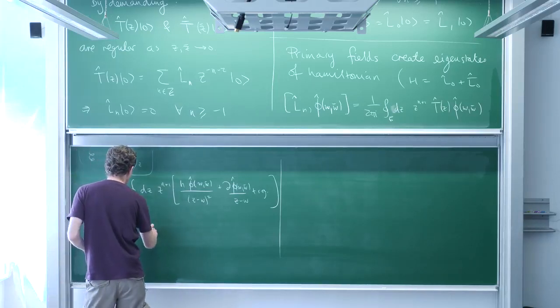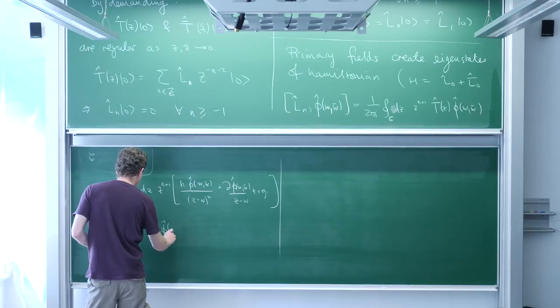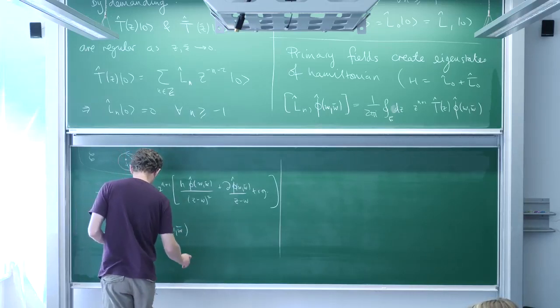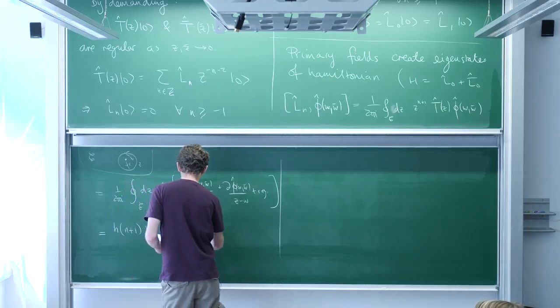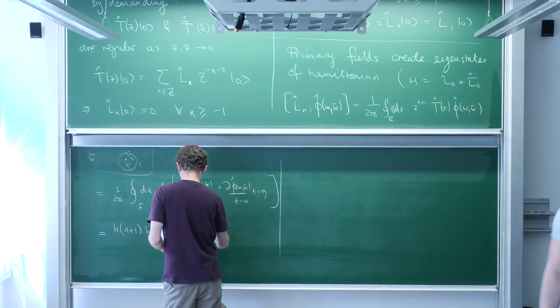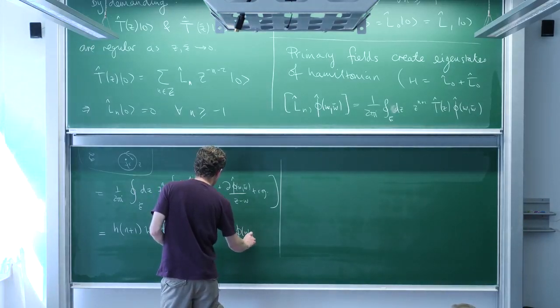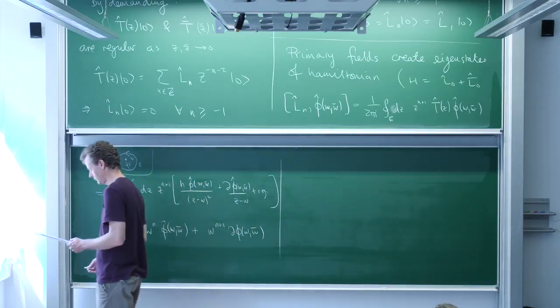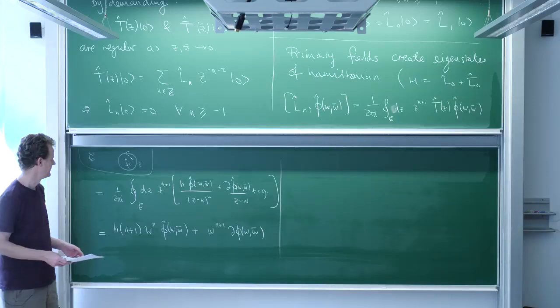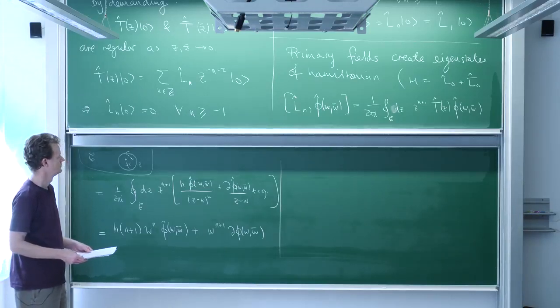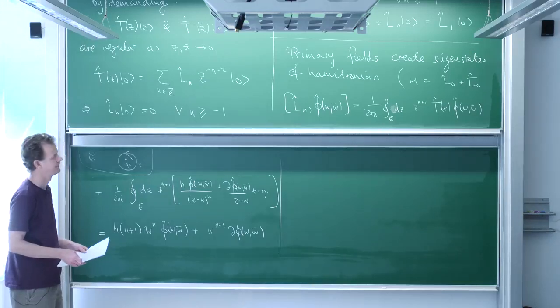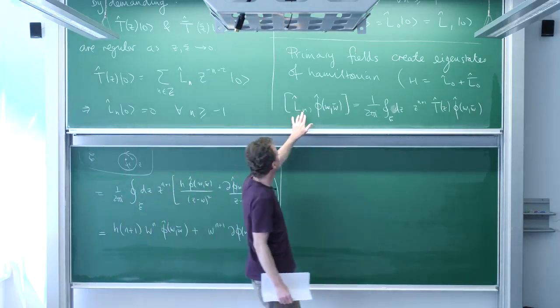And thus we end up with this result here. So we have a way to evaluate the commutator between one of these L's and these phi hats.